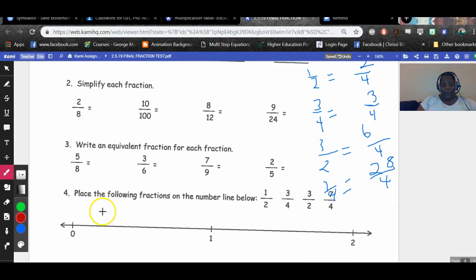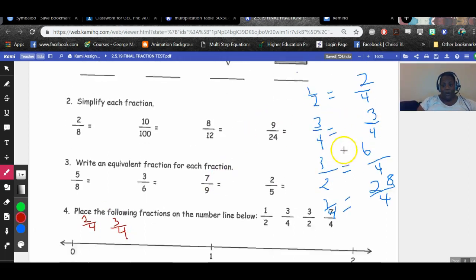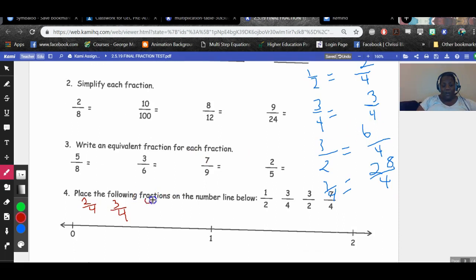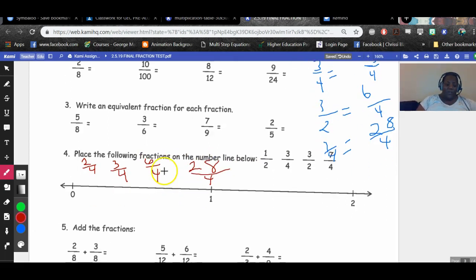I have 2/4, 3/4, 6/4, and 28/4. Now, if you notice, these two are proper.